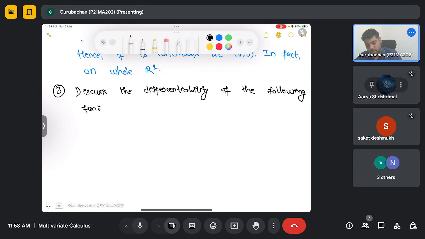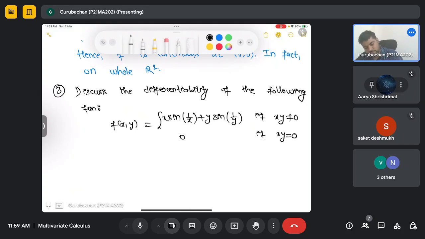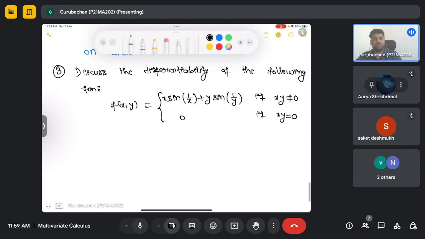Okay, and the function is f(x, y) is x times sin 1 by x plus y times sin 1 by y, and this is true if xy is non-zero, and the other one is 0 if xy is 0. So we have to check the differentiability of this following function.